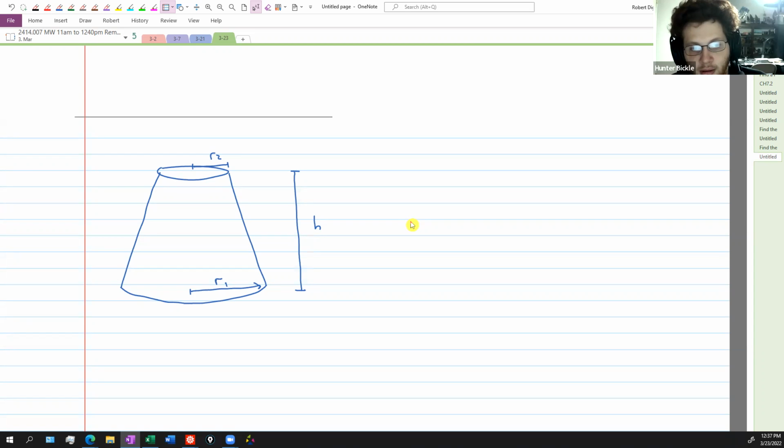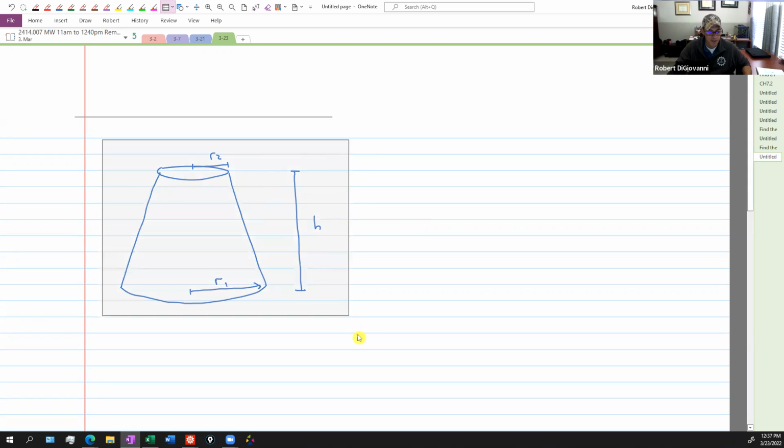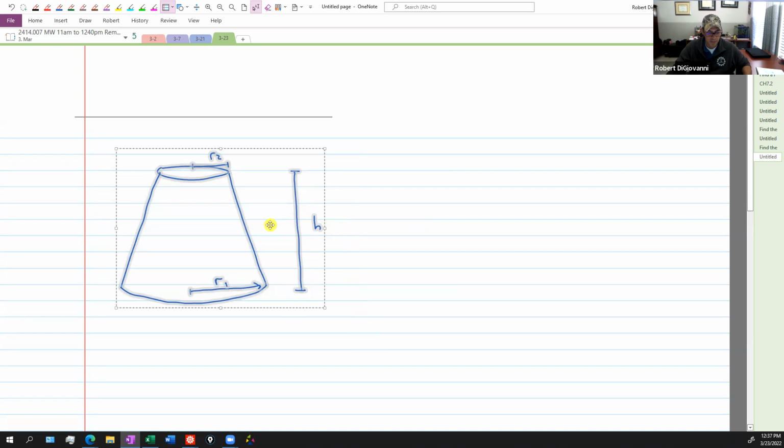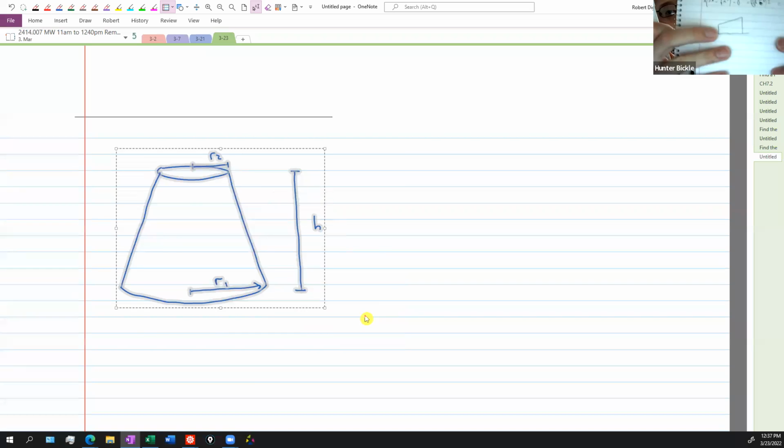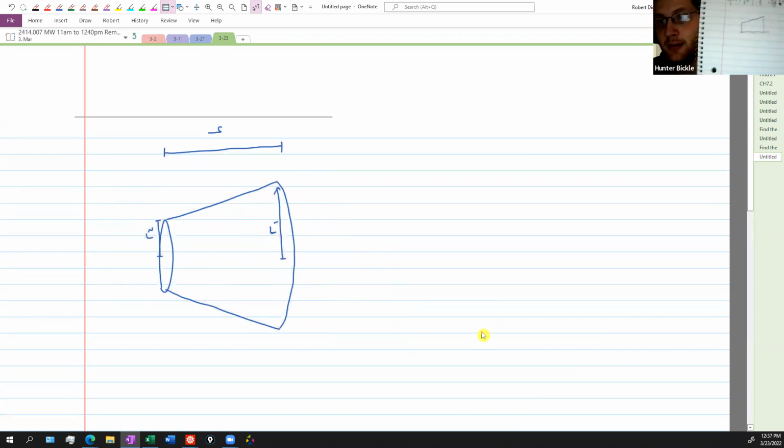A four-sided shape that's really slanty on one side. I can't draw it for you. Let me do it this way. How about if I rotated it around the x-axis?